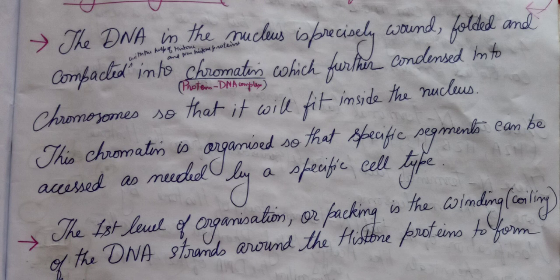Why is this chromatin organized? So that specific segments can be accessed as needed by a specific cell type. It means if a specific cell wants to use that particular region of chromatin, then it will, with the help of some modifications like I have said, by attaching an acetyl group to the N terminal tail of histones, or by transferring a methyl group, regulate the specific gene segment in this way.